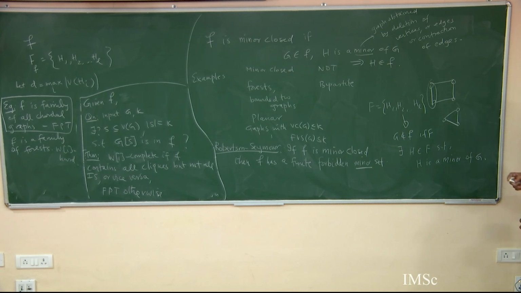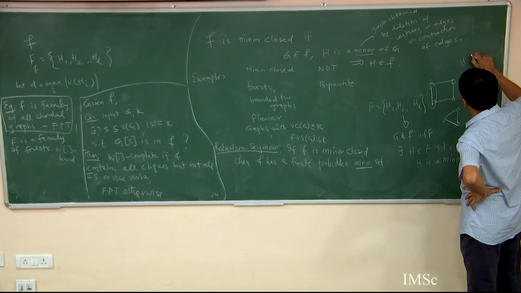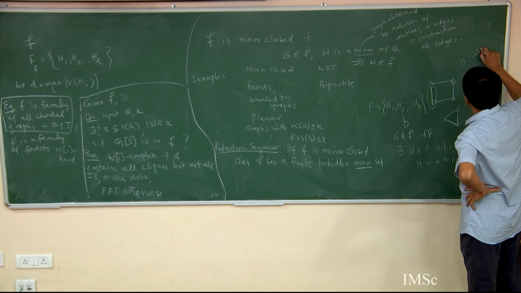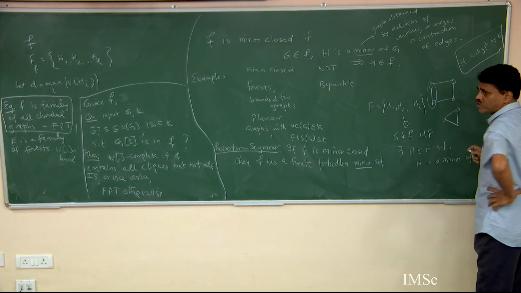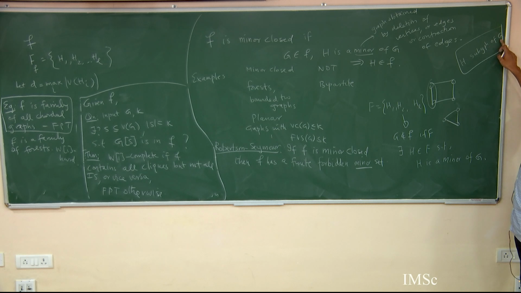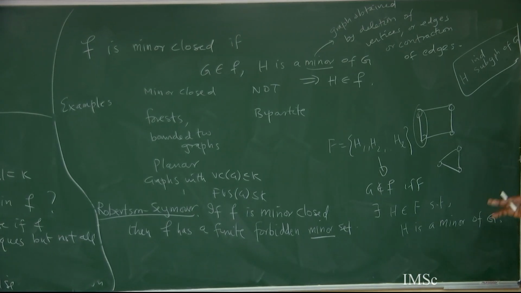Now, one question is, how do I check whether H is a subgraph of G? I sort of glossed over it. What you do is you look at all subsets of this many vertices from G, look at that induced subgraph, and see whether H and that induced subgraph are isomorphic. How do you check for isomorphism? Well, I don't care.